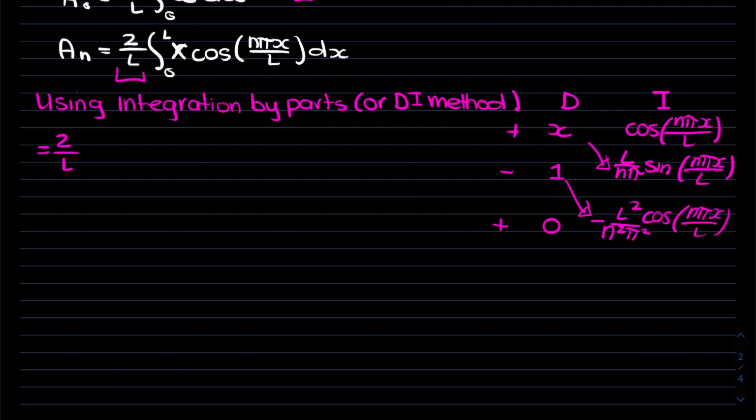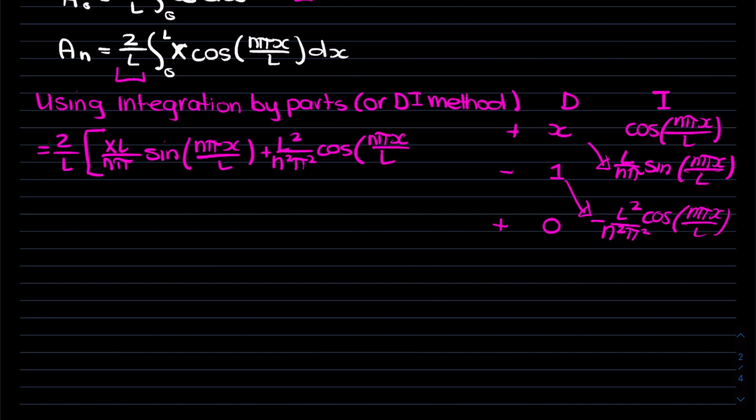So 2 over L, x L over n pi sine n pi x over L plus L squared over n squared pi squared cosine n pi x over L, and that's from 0 to L.